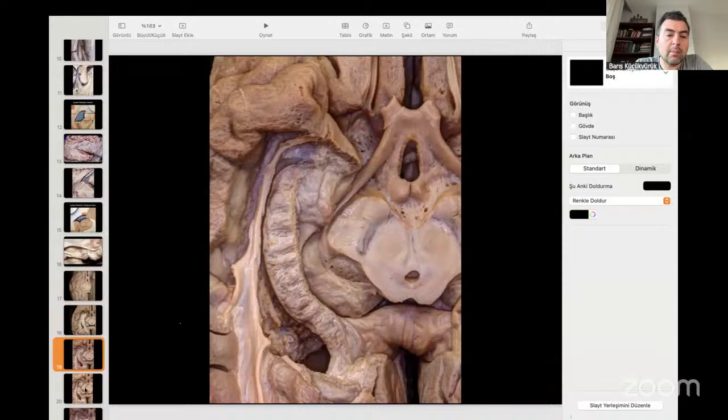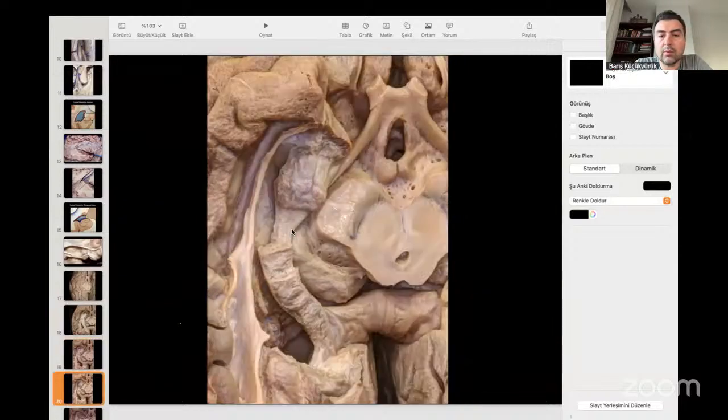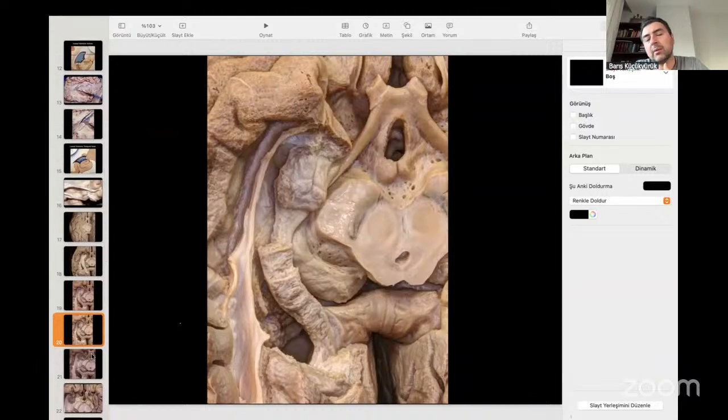Then when partially we remove it, we see the fornix here. At the anterior, there is the amygdala. I'm passing these a little bit fast because the topic today is not the mesial temporal area. I just want to express that these structures are at the medial wall of the temporal horn.